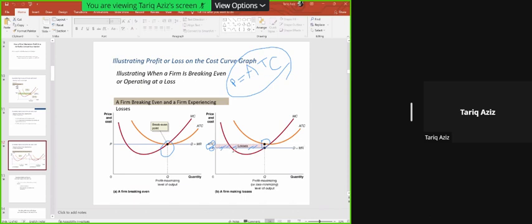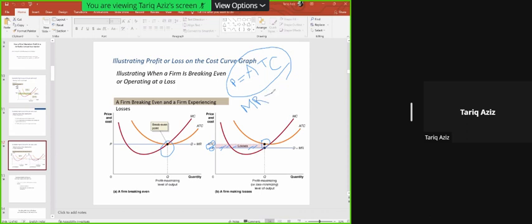The demand curve will be a straight line in a perfectly competitive market. And if we draw the marginal cost curve, which will always be a U-shape, and as we know, the marginal cost curve cuts the average total cost curve from below. So average total cost will be above the marginal cost curve. And we also know that the optimal point is the point where MR is equal to MC.